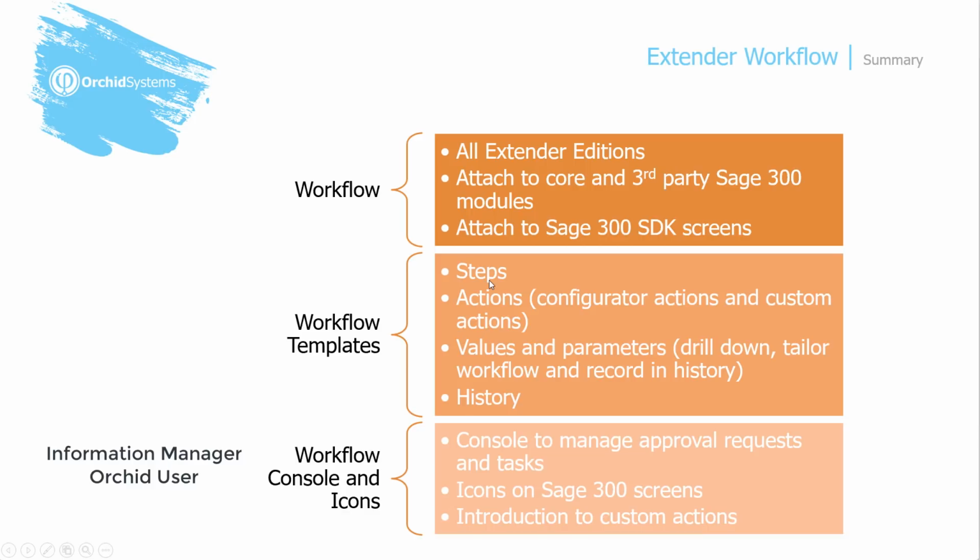There are values and parameters to enable you to drill down and tailor your workflow and record those values in the history, and the ability to view the workflow history. And then as an Information Manager user, you have access to the console to manage approval requests and tasks, as well as icons on Sage 300 screens.